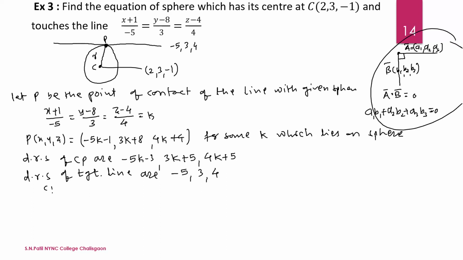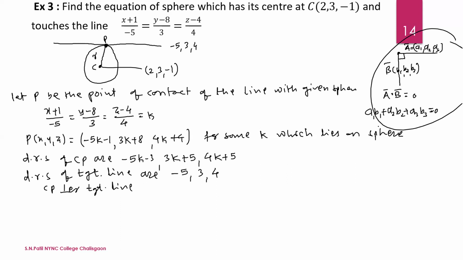CP is perpendicular to tangent line. Okay, so we use a concept here. Suppose these are A1, A2, A3, and these are B1, B2, B3.